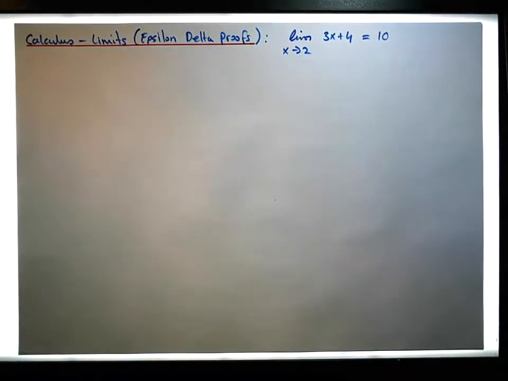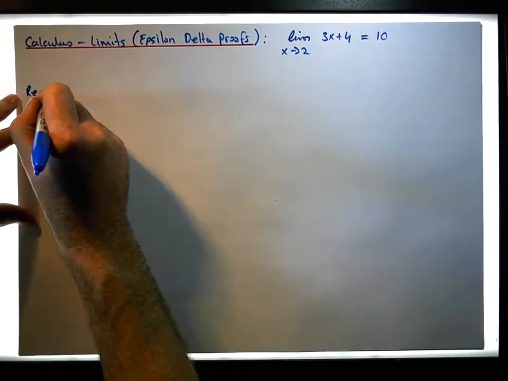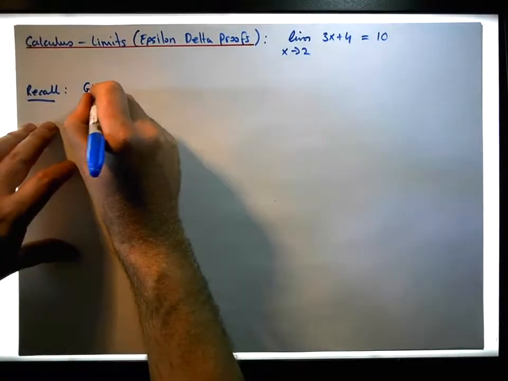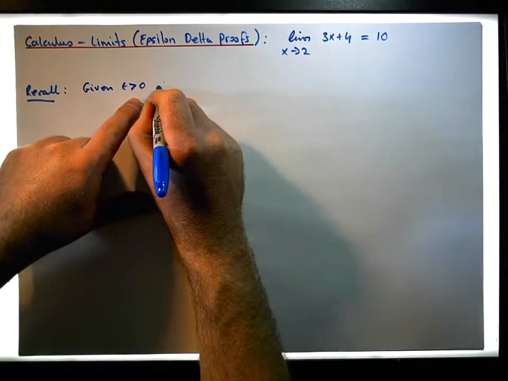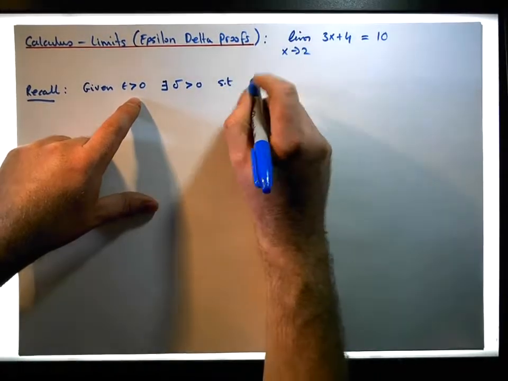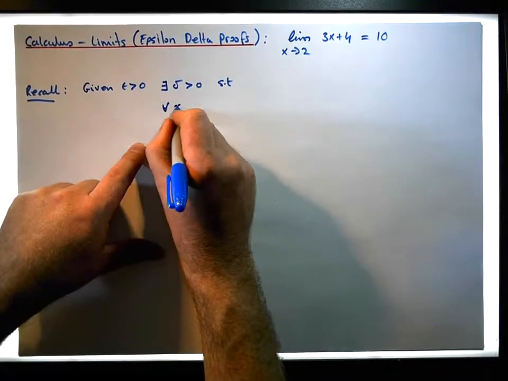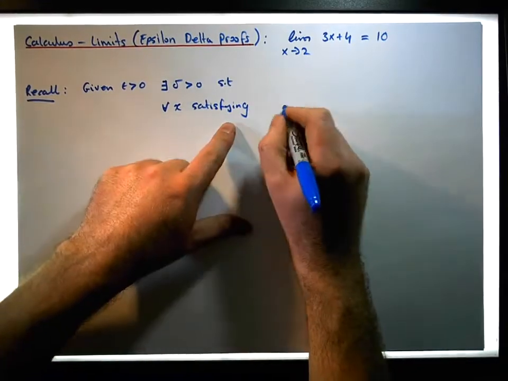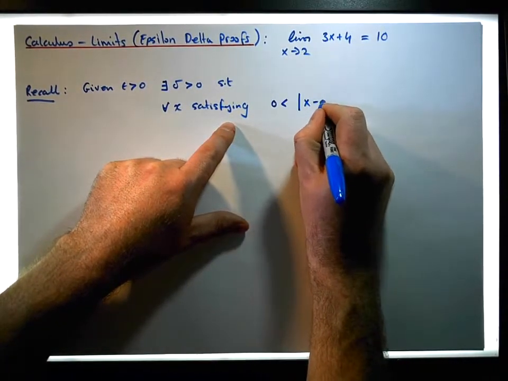Okay? Let's just recall our definition of a limit. Given an epsilon greater than 0, there exists a delta greater than 0 such that for each and every x satisfying the condition that the absolute value of x minus a is less than delta, that implies that the absolute value of f of x minus L is less than epsilon.